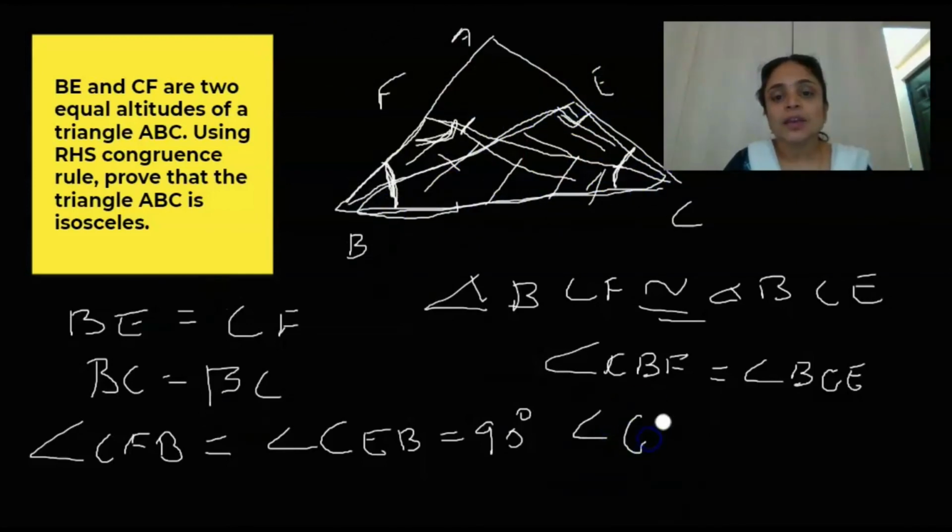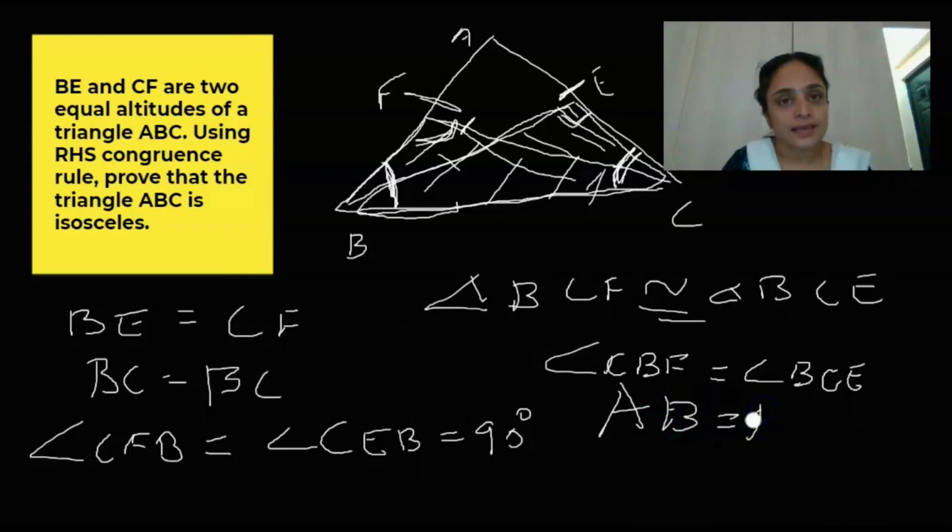So angle CBF is equal to angle BCE. And we know that if two angles of a triangle are equal, then the sides opposite to these two angles will be equal. That is, AB will be equal to AC. That means triangle ABC is an isosceles triangle. So we have proved that triangle ABC is an isosceles triangle.